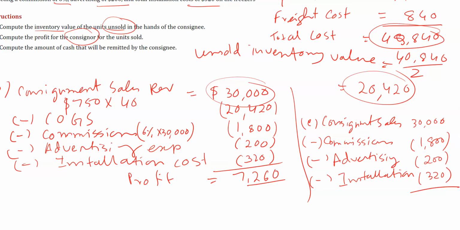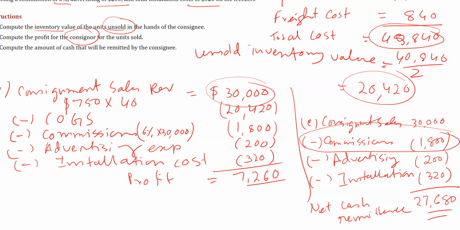After subtracting, the net cash remittance transferred by the consignee to the consignor will be 30,000 minus 1,800 minus 200 minus 320, which is 27,680. So the consignee will record only the commissions as his income or revenues.